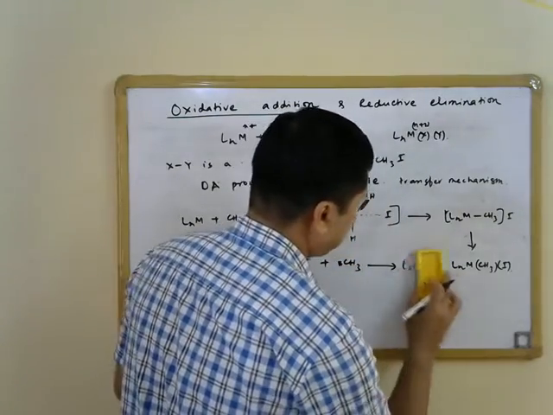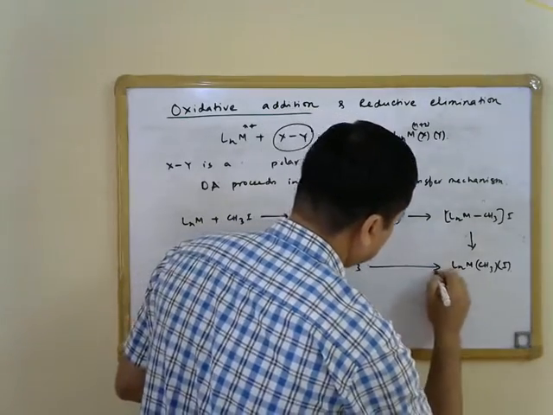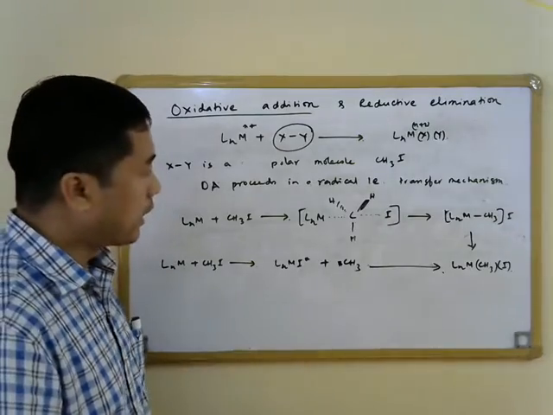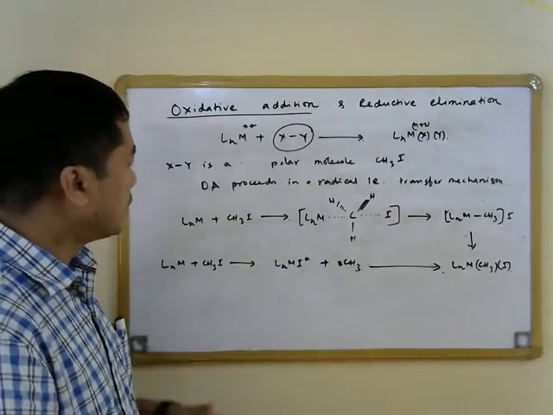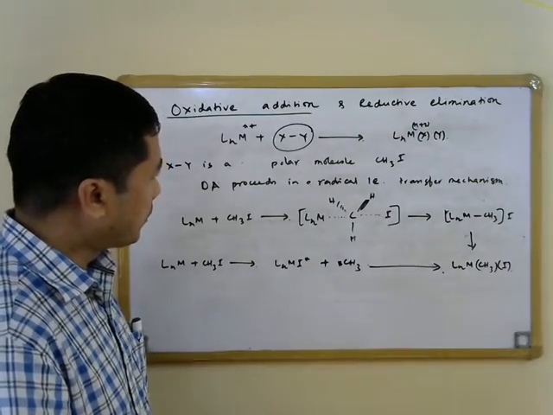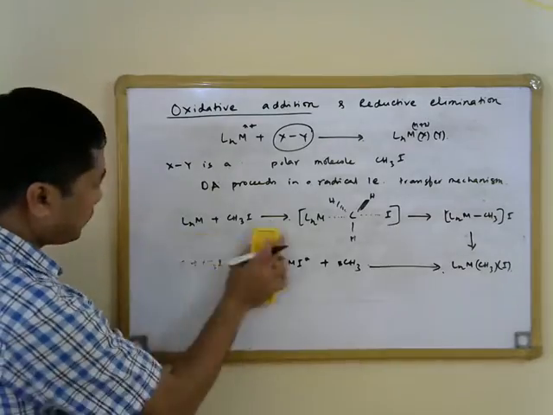Again the same product you can write over here. Only the mechanism now involves a radical, one electron transfer process. So this is how the reaction can take place when we have polar molecules like methyl iodide.